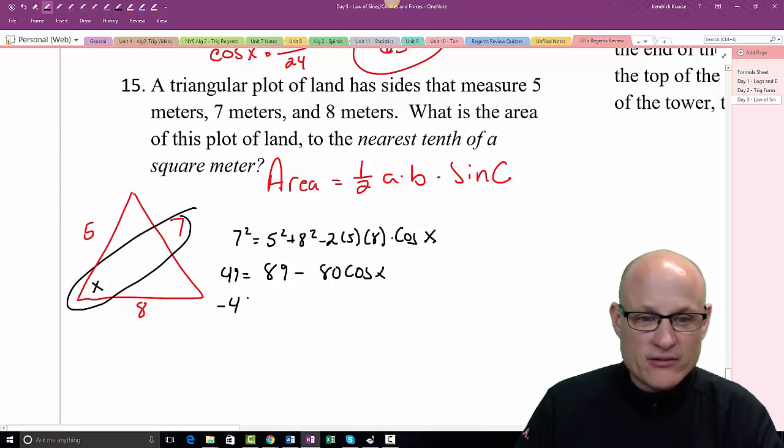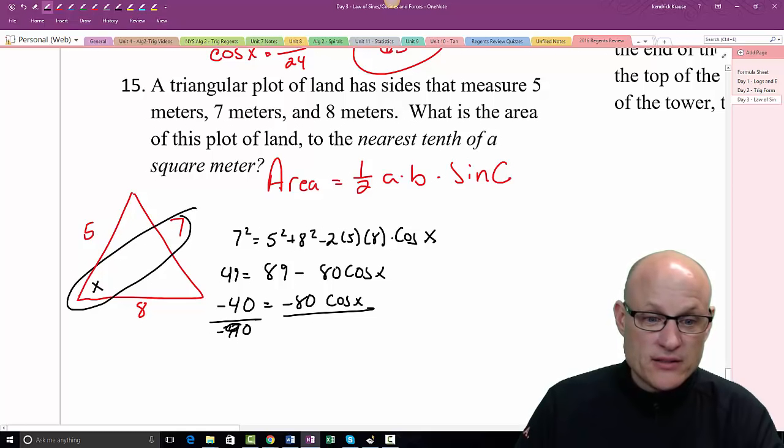Yes, negative 40 is equal to negative 80 cosine x. Divide by negative 80, and I get cosine x equals 1/2.